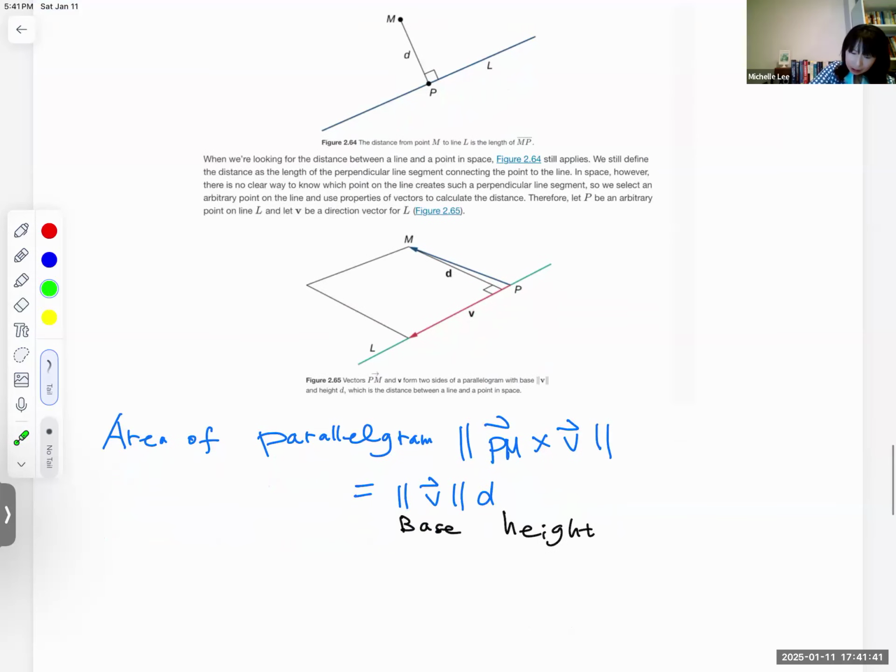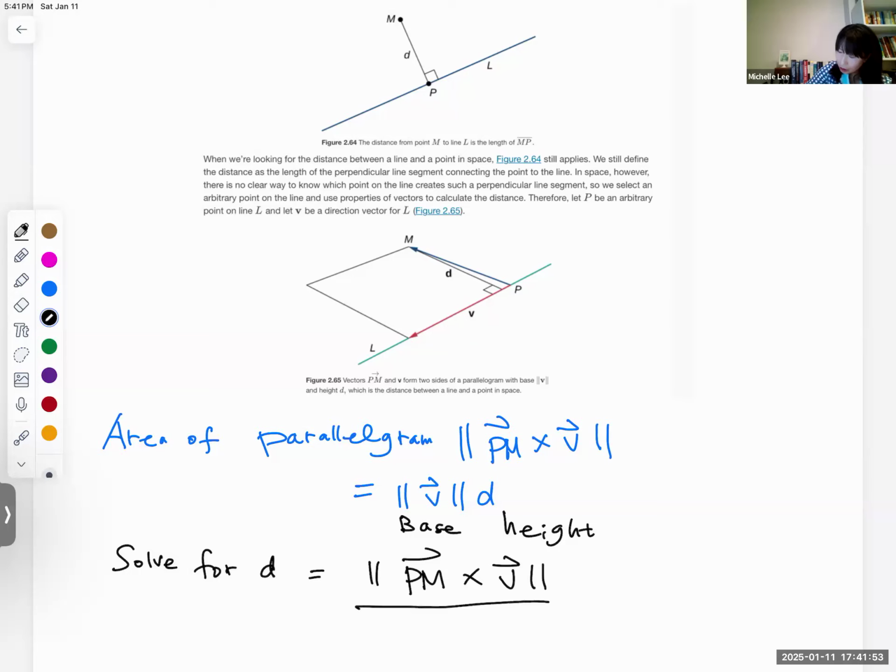So that will be the magnitude of PM cross product with vector V over the magnitude of vector V. Can you see that? Then we have a formula, distance from a point to a line.